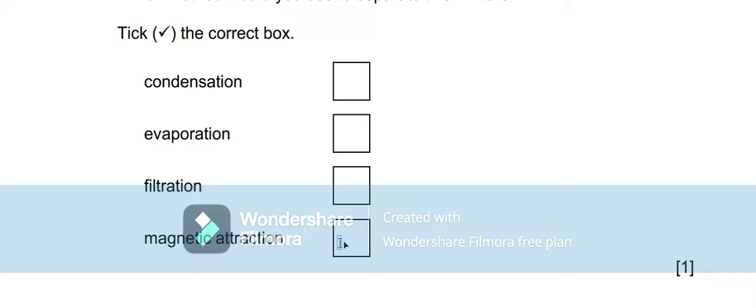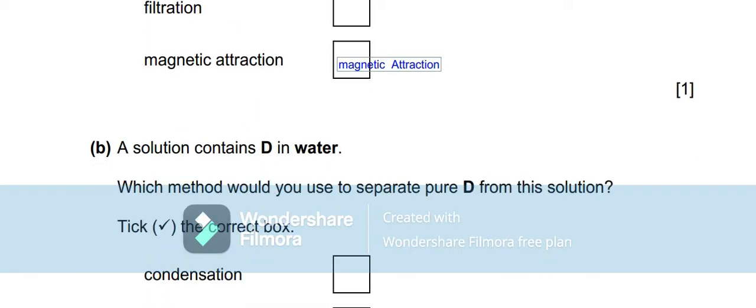So you tick this box, magnetic attraction. You just put a tick as indicated here. Okay, fine. Let's proceed on to the next one.